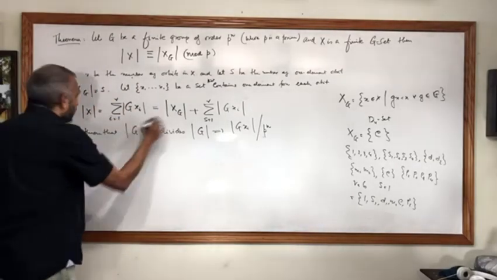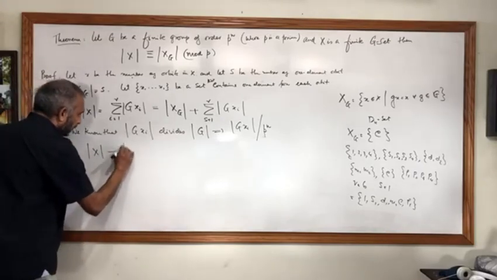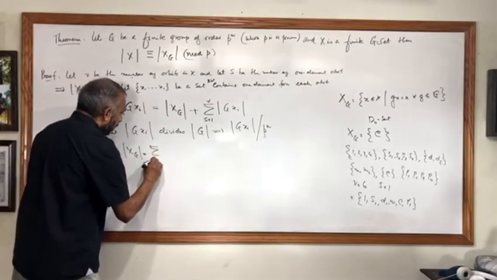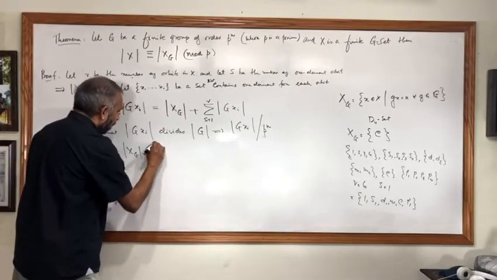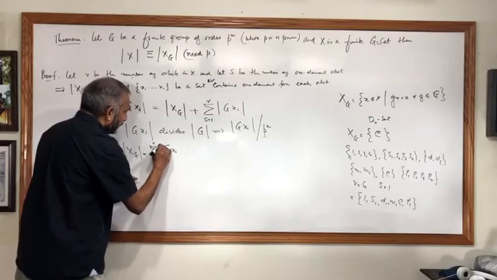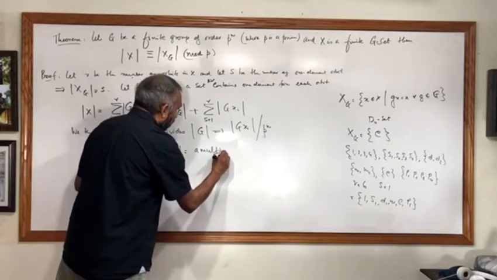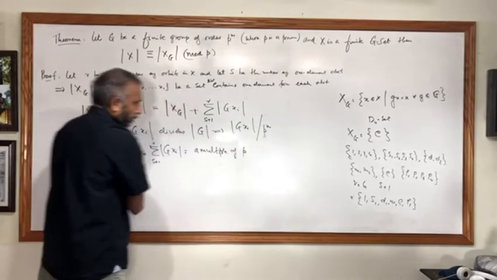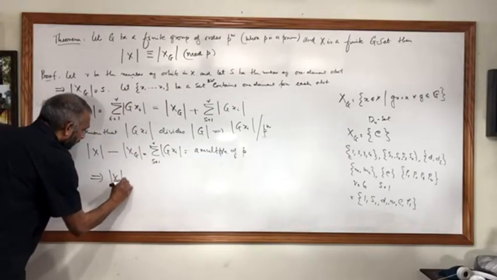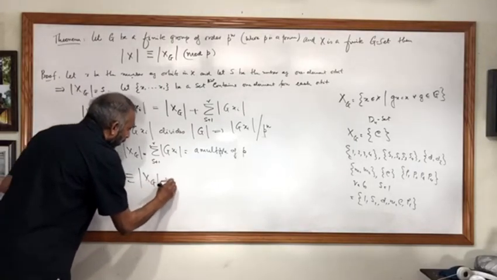So from this equation, |X| minus |X_G| is equal to the sum from s plus 1 to r of |Gxi|, and this is a multiple of p, and that implies |X| is congruent to |X_G| mod p.